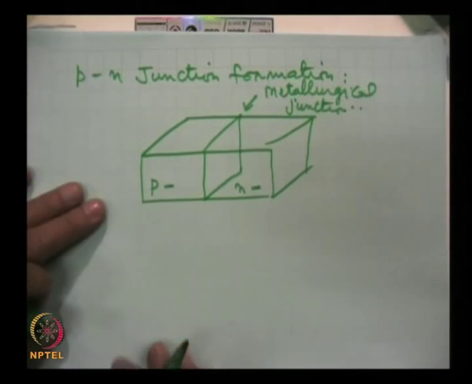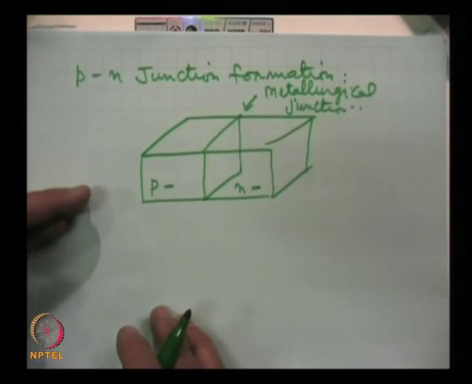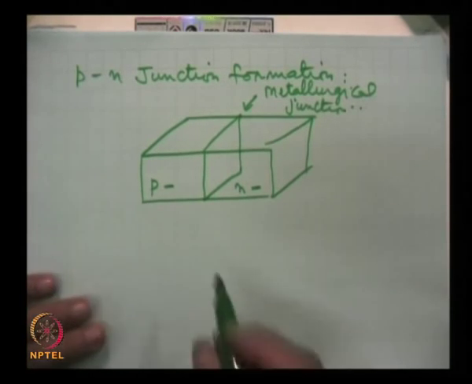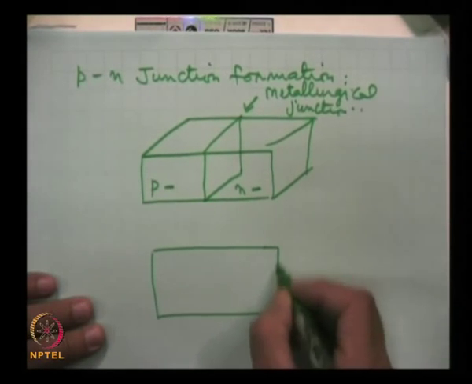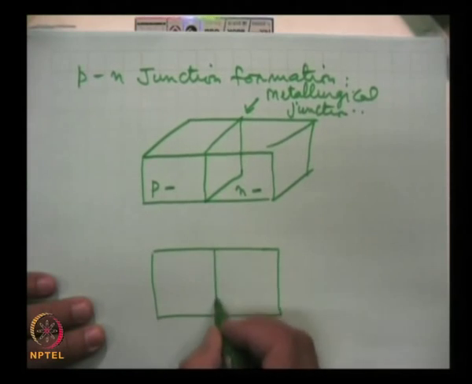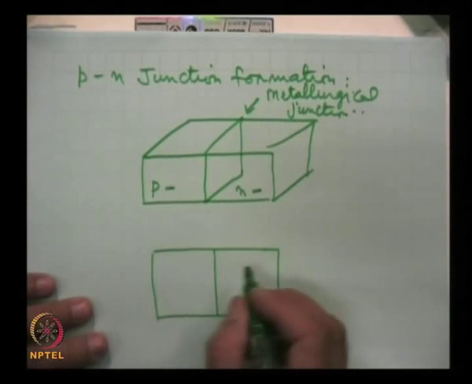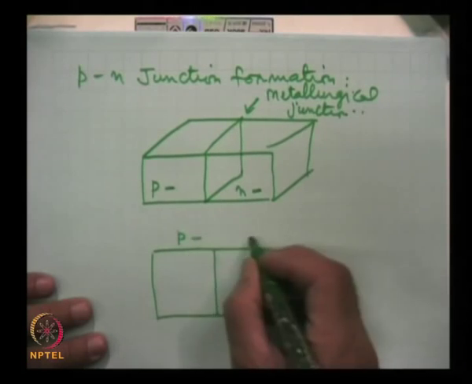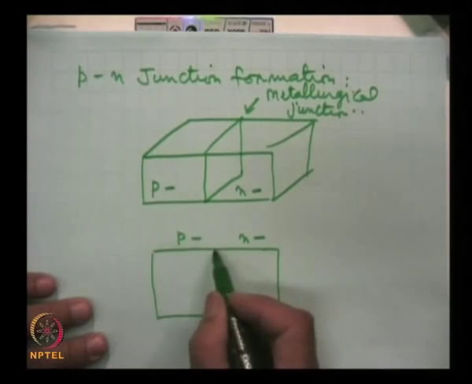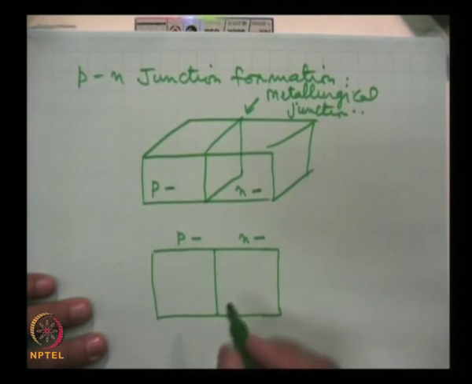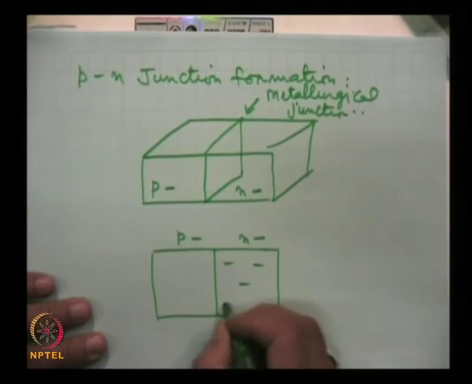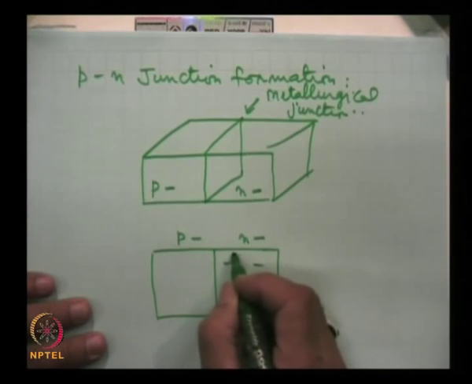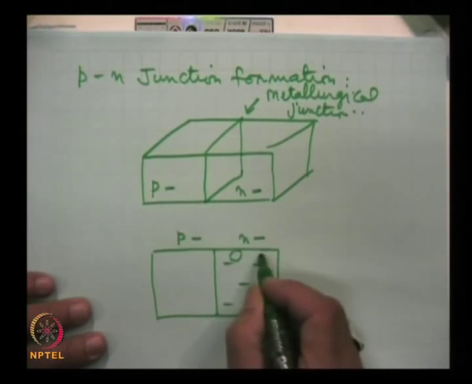This figure is in 3 dimensional, but normally it is sufficient to draw it in 2 dimensions. So, this is p region, this is n region, this is the metallurgical junction and these are the electrons, and with them there are negative ions.